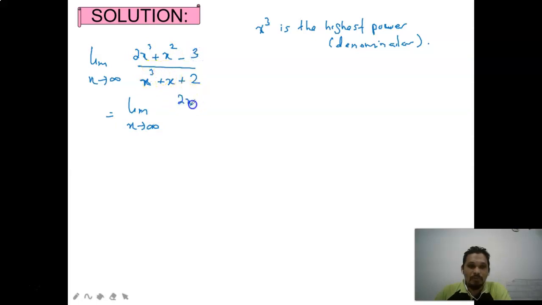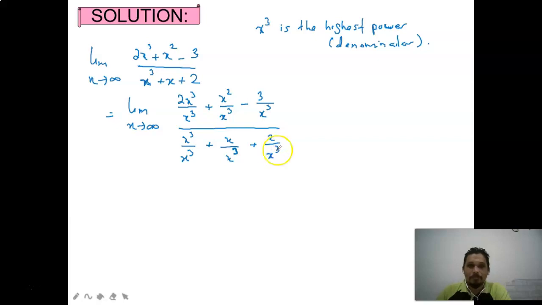So 2x cubed divided by x cubed, plus x squared divided by x cubed, minus 3 divided by x cubed, all divided by x cubed divided by x cubed, plus x divided by x cubed, plus 2 divided by x cubed.